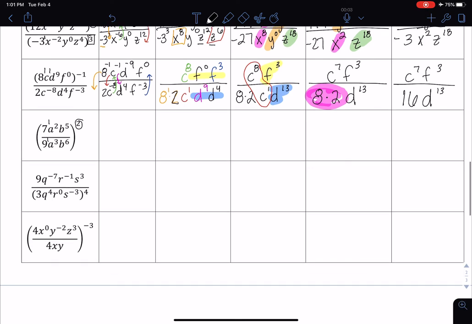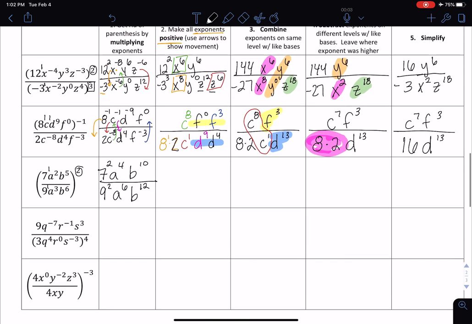Now we're going to multiply 2 to every exponent on the top and the bottom. So 7, 1 times 2 is 2, a, 2 times 2 is 4, b, 5 times 2 is 10, then 9, 1 times 2 is 2, a, 3 times 2 is 6, and then b, 6 times 2 is 12.